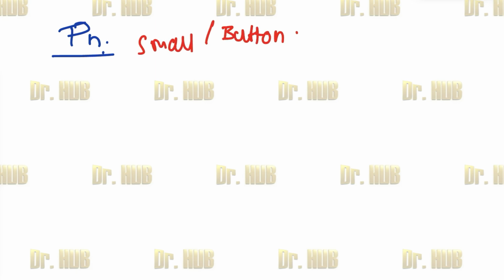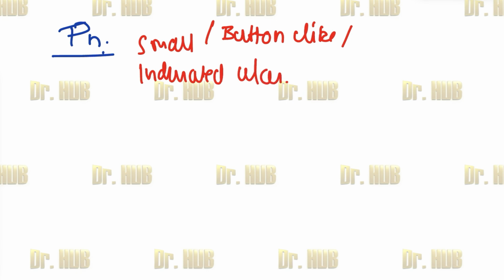How does this syphilitic chancre present? It presents as a small, button-like, indurated ulcer, and it is usually round and also oval.